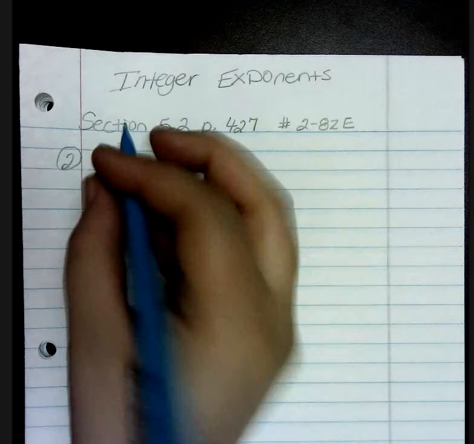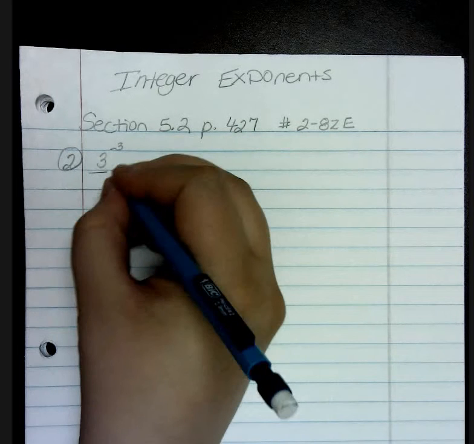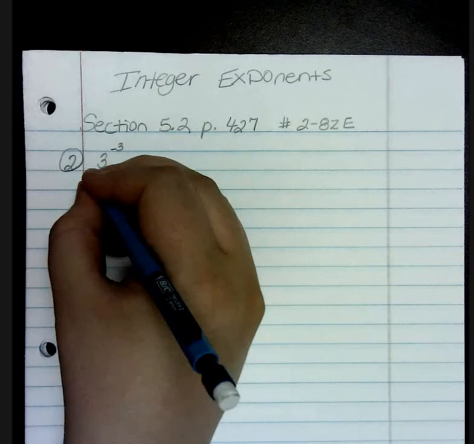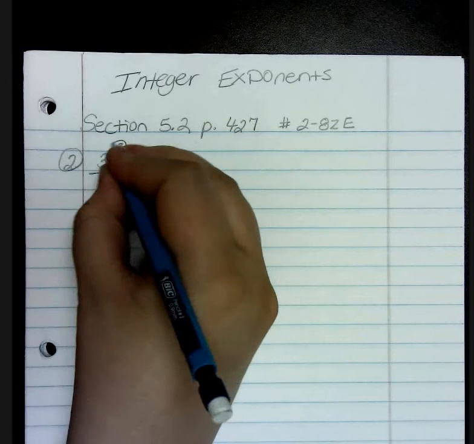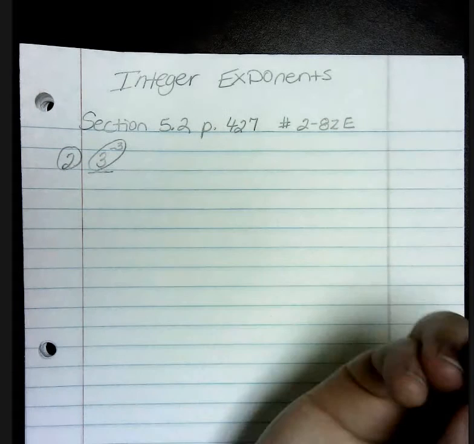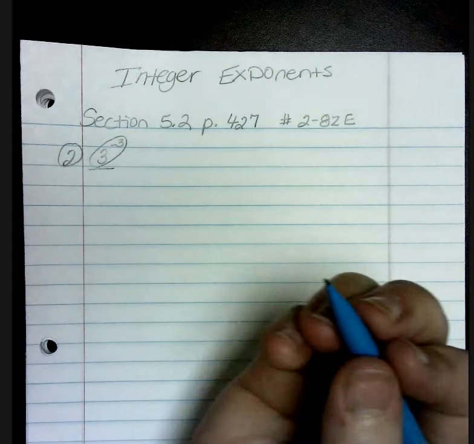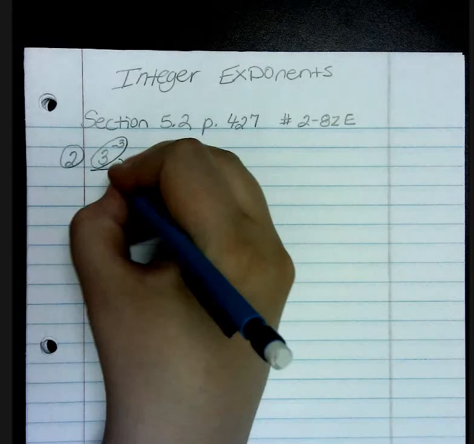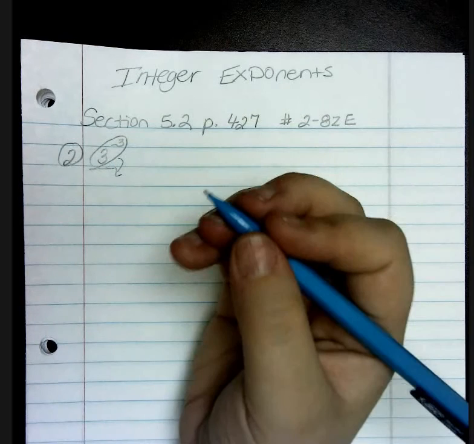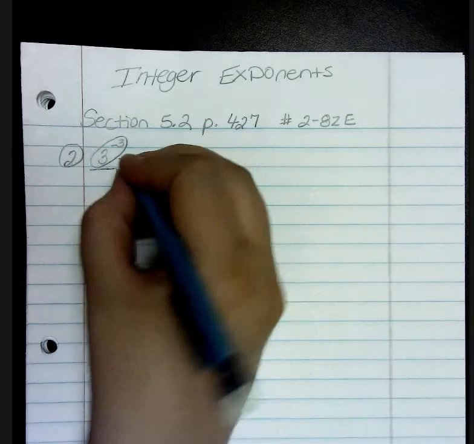So we would make this 3 a fraction just by drawing this division sign here, and we are going to circle the base of 3 and the negative exponent, which is negative 3, and draw an arrow as to where that 3 to the negative third is going to move.